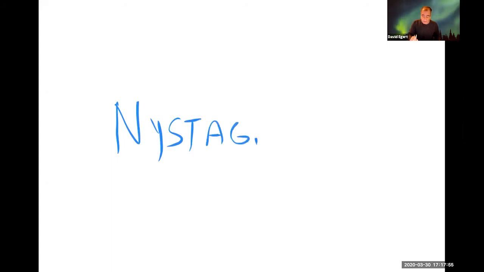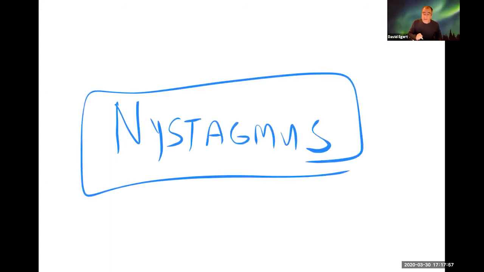So nystagmus, let me write that up on the board here. That is that condition when your eyes are flicking because you are trying to look straight ahead, but your brain thinks your head is actually turning.